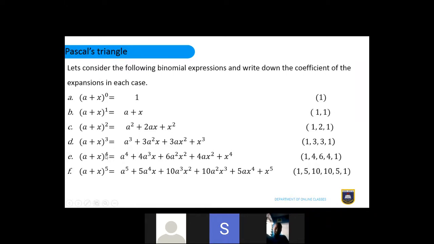When you check the fifth example, you could see that for the exponent 4, the first term also has its highest power to be exponent 4, and the last term also has its highest exponent to be exponent 4.